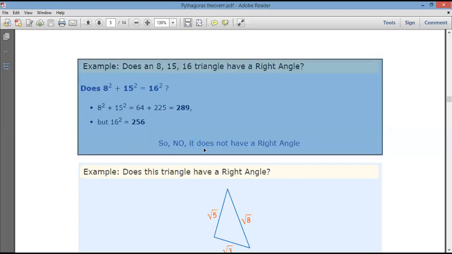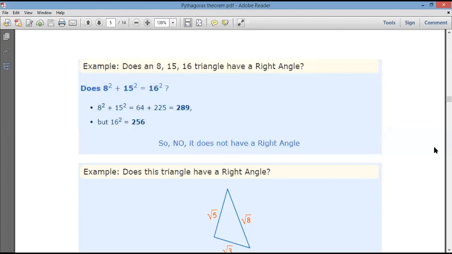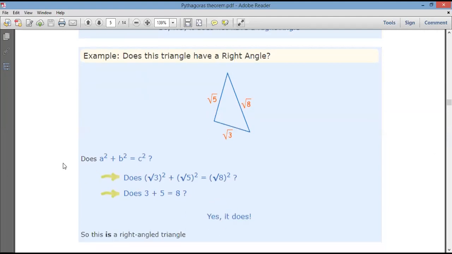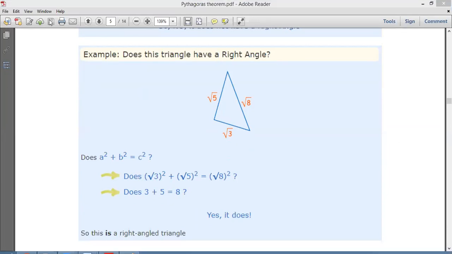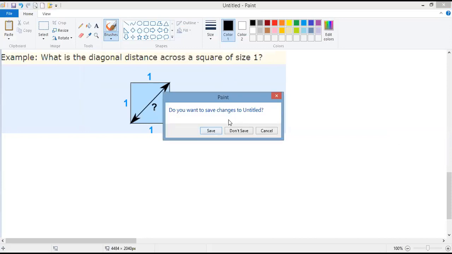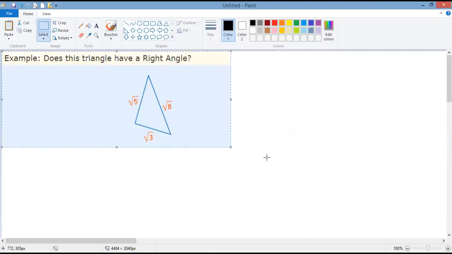So this is not a right angle triangle. So we go to another example. It's the same thing. Okay, go and try this one here.